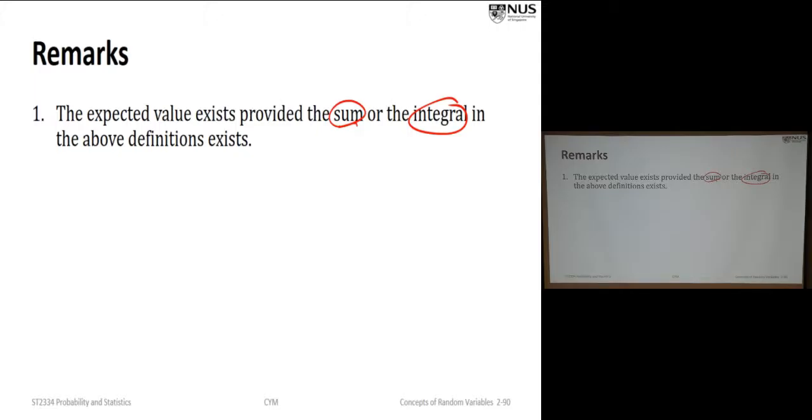That's why it seems redundant that I keep telling you to make sure the sum or integral exists. I can write this formula, but when I sum them up, this becomes infinity. In that case, it does not equal a particular number, so the mean, or the expected value, does not exist.